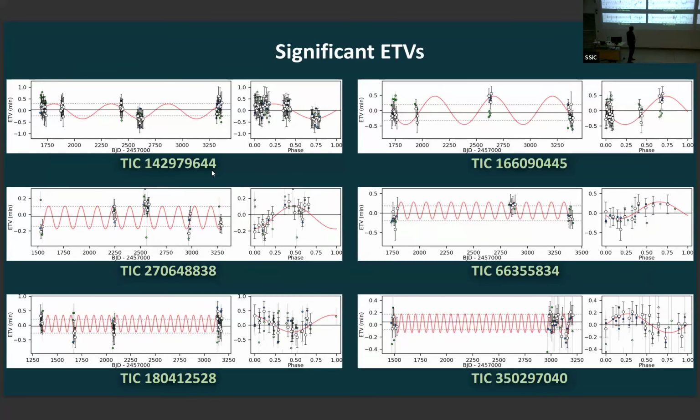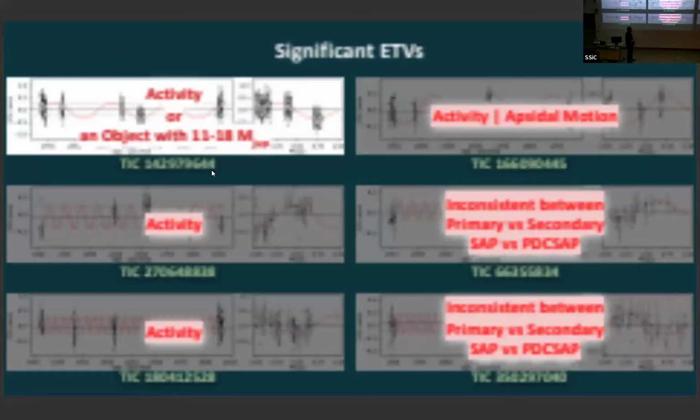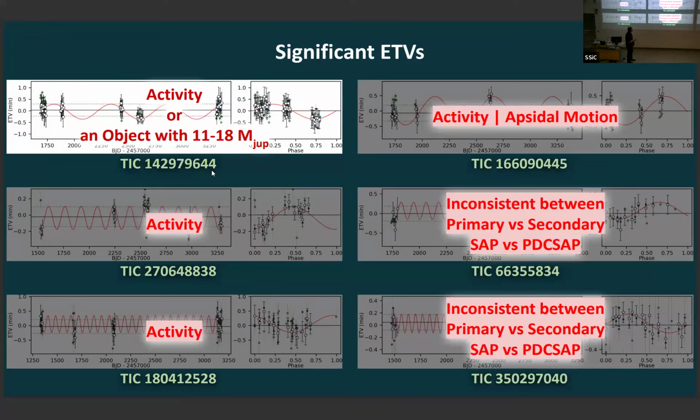In 6 cases, the hypothetical third mass should be below the stellar mass limit of something around 80 Jupiter masses. But in 5 cases, the observed variation is due to either stellar activity or apsidal motion, or probably something instrumental.